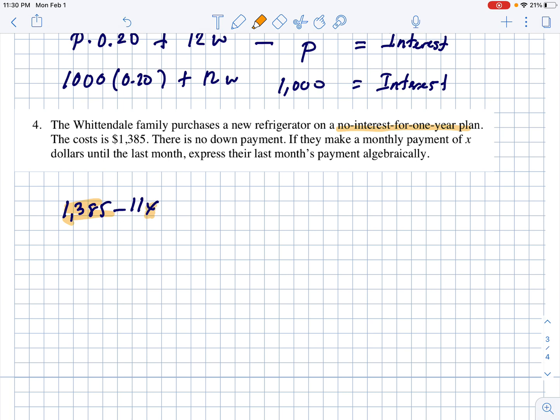However, how much our monthly payment was, I don't know. If we just put 100 in there, whatever was agreed on. They make monthly payments until the last month. Express the last month's payment algebraically. I'll just call it L. So L would be 1,385 minus 11X.